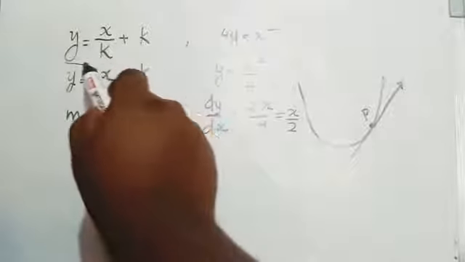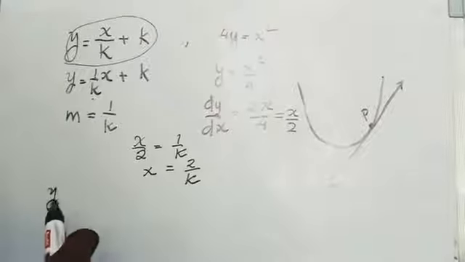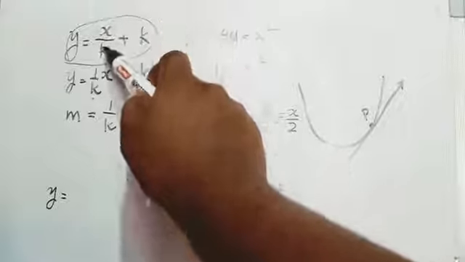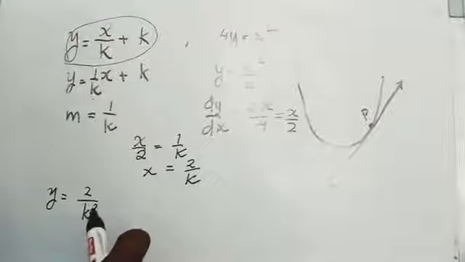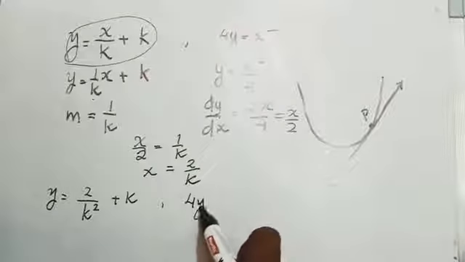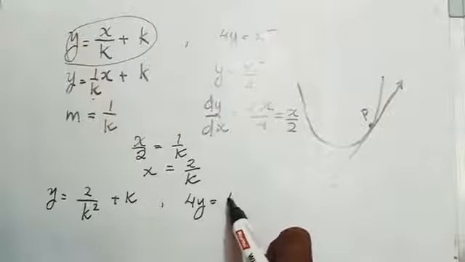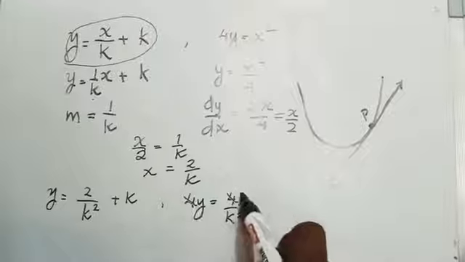Now what happens to this equation? We get y is equal to x by k plus k, with x as 2 over k, that is 2 by k squared plus k. And what happens to the other equation? For y is equal to x squared by 4, and x is 2 by k, so x squared is 4 by k squared. 4 and 4 get cancelled.